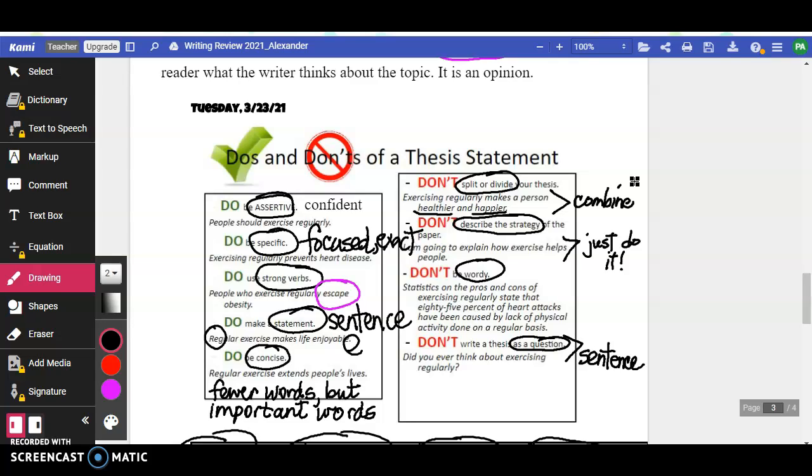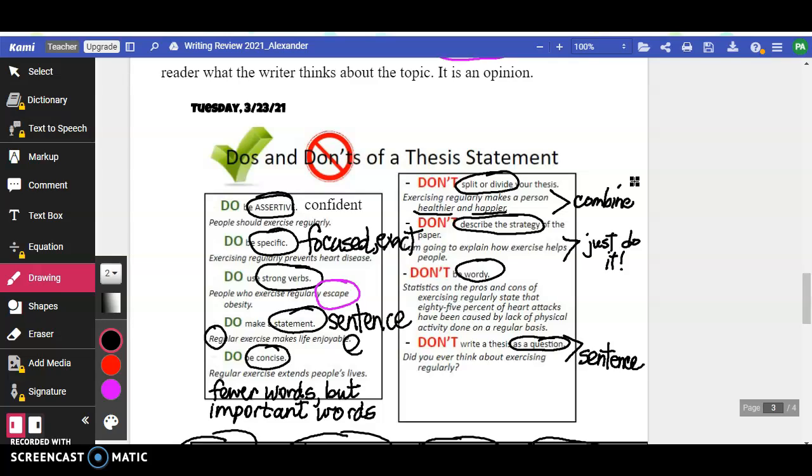Thesis statements should also be specific. They should be focused or exact, using strong words that tell exactly what you're going to be writing about. A thesis statement uses strong verbs. In the example sentence, the verb is escape.